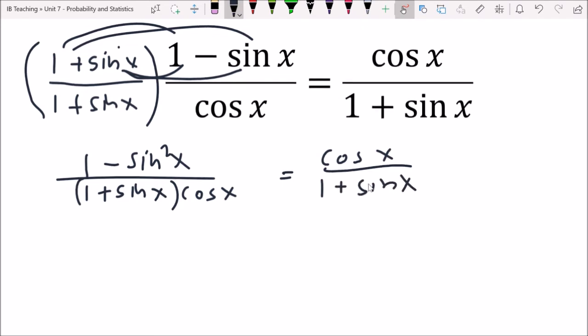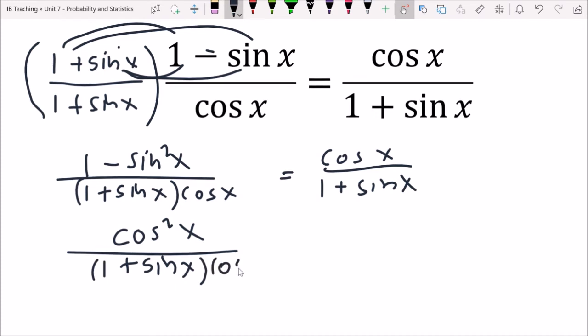That may not look like it's done anything, but it actually has. Here's why. 1 minus sine squared x, as we saw a moment ago, is the same as cosine squared. So I can rewrite this as cosine squared x over 1 plus sine x, cosine x.